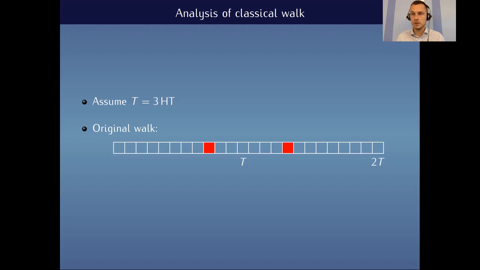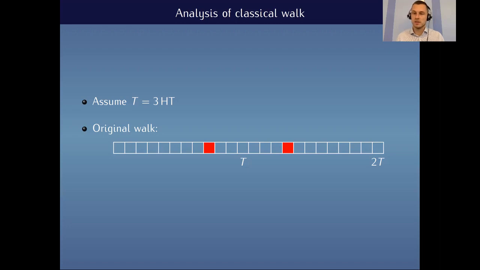One extreme is that we simply run the original walk, which means that when we encounter a marked vertex, we probably don't stay there. And the next step, we are at an unmarked state again. In hitting time steps, we probably reach a marked vertex with high probability, but we don't stay there.